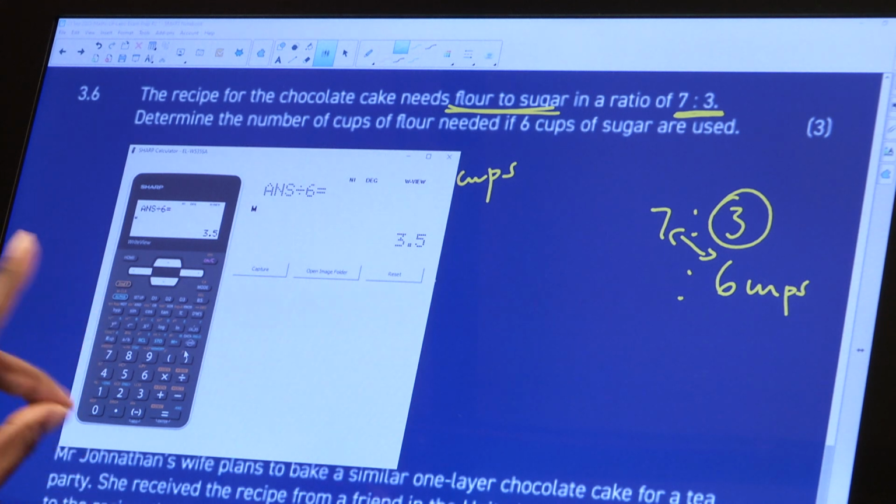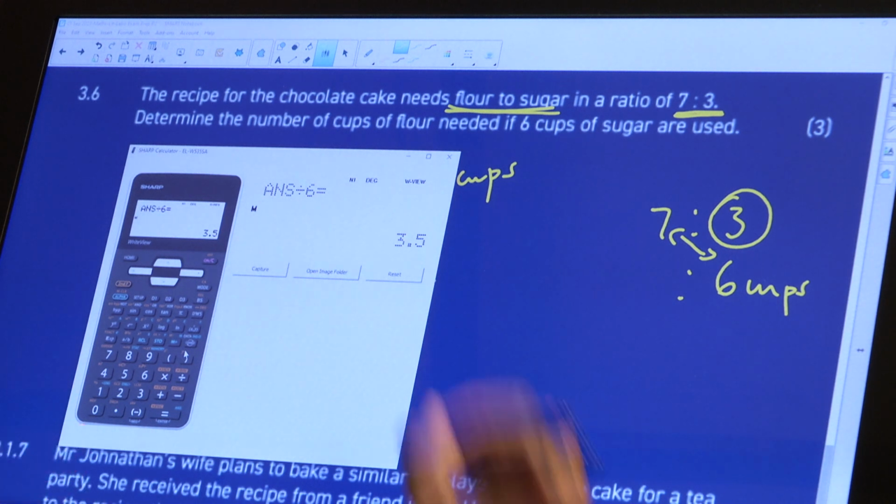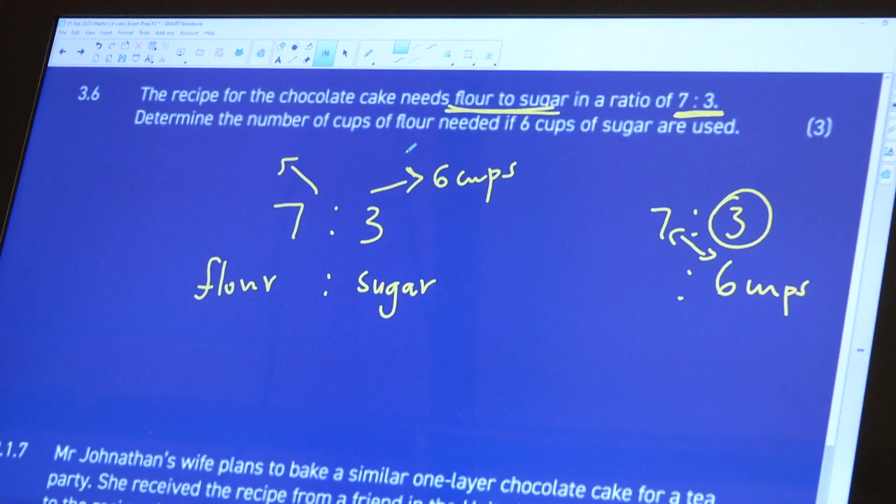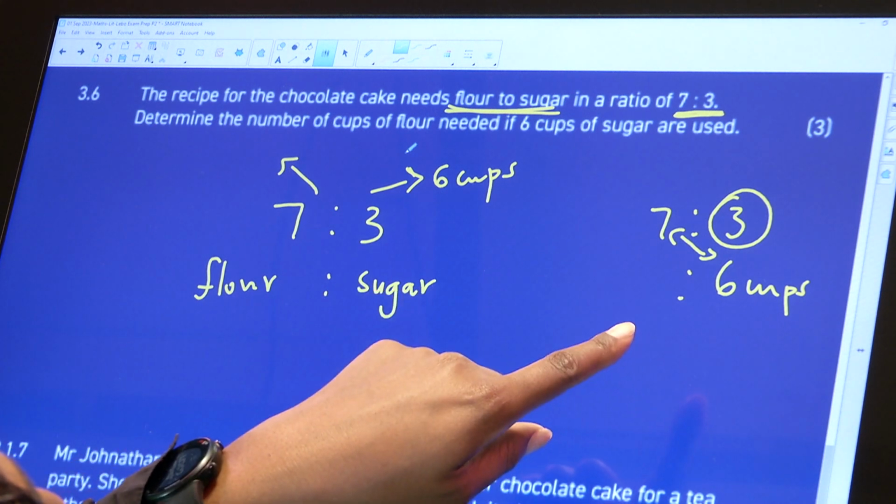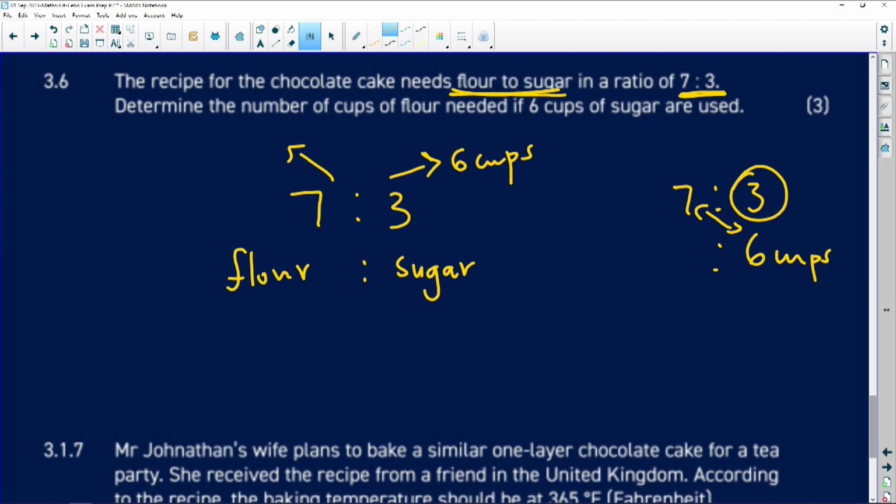The reason this is not correct is because if my ratio is 7:3, and this is 6 cups, it means that this needs to be more. So that's how I know that this is not correct.